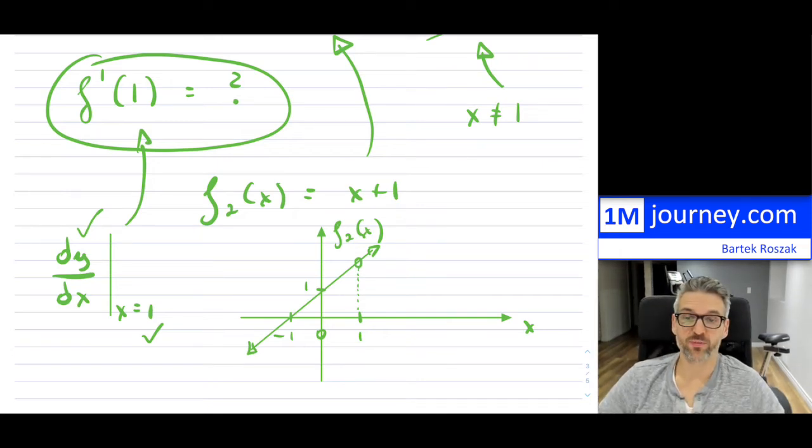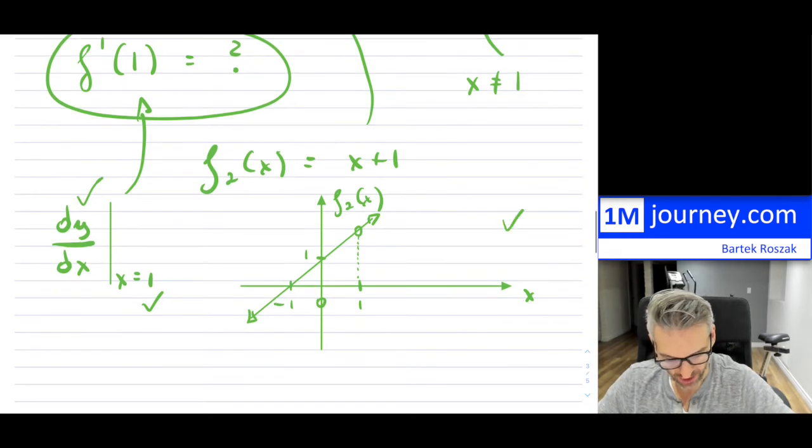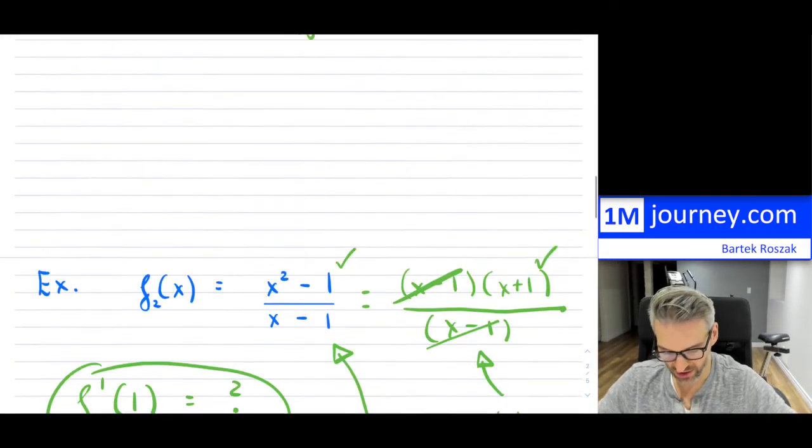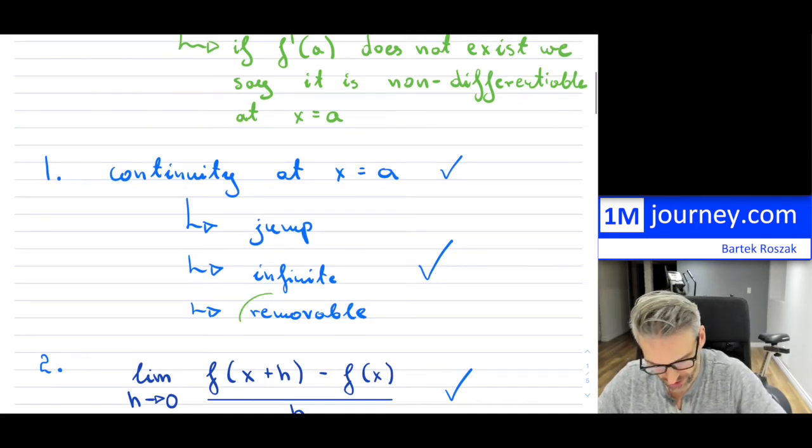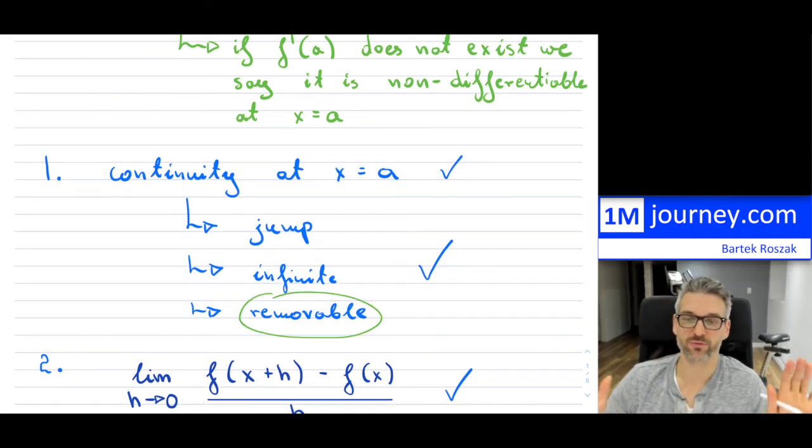But it has a removable discontinuity. So we have a problem right there, and for that, it cannot be differentiable at that point. So that's another example. It's just simply not continuous. So it fails. This right here has a removable discontinuity. You can stop right there.